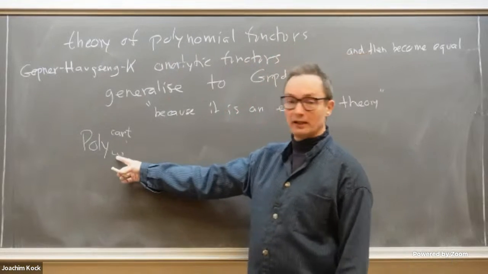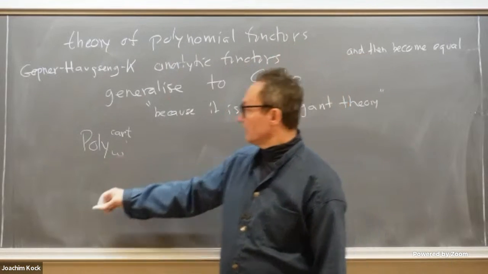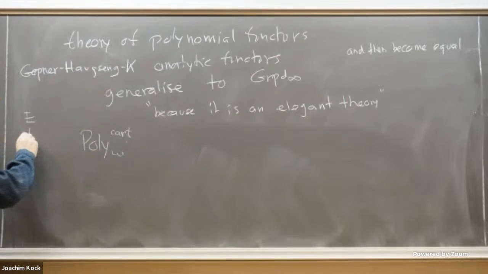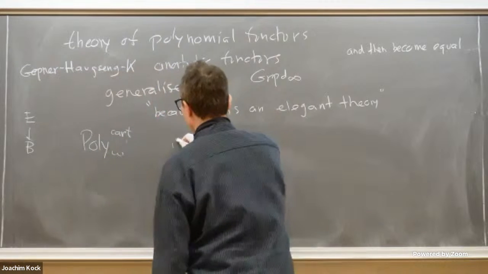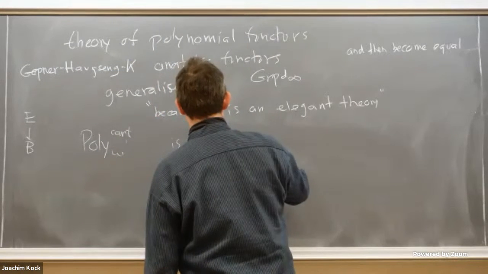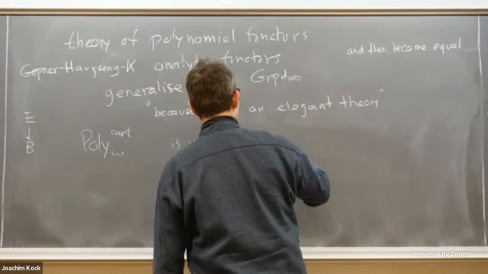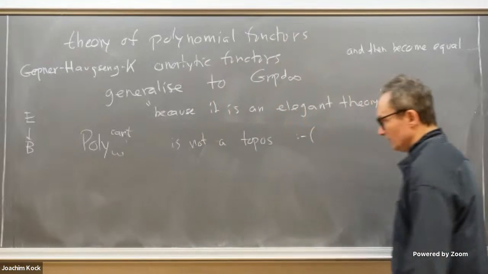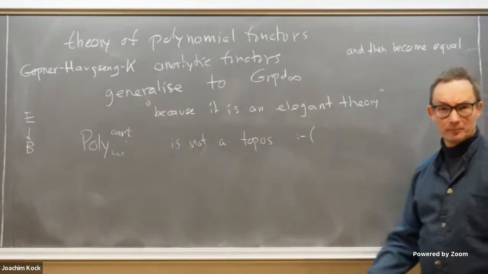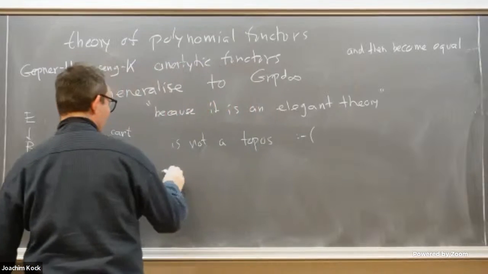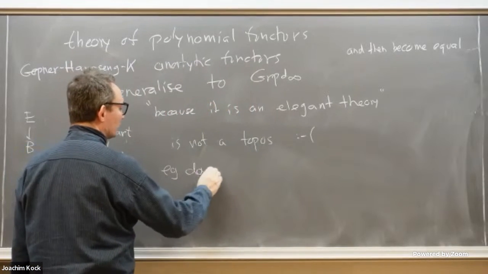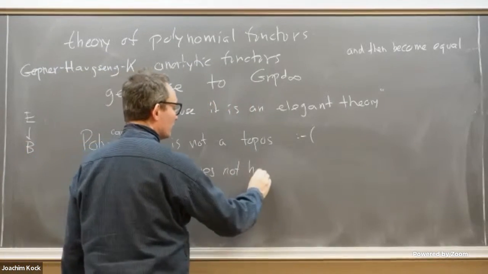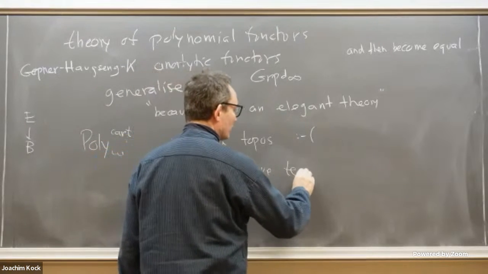So this means finitary polynomial functors. At the level of representing sets, it means that this map has finite fibers. So this is not a topos. For example, it doesn't have a terminal object.